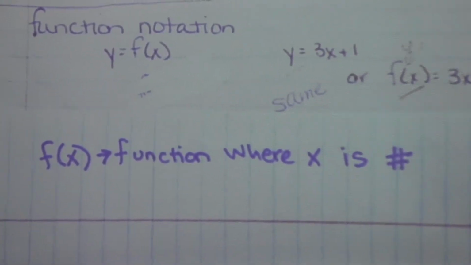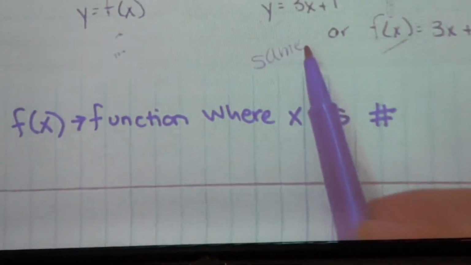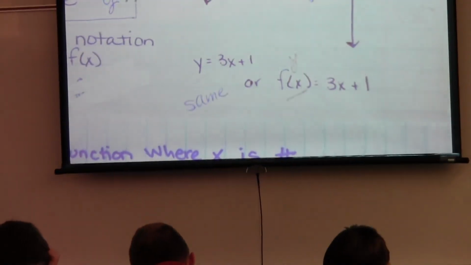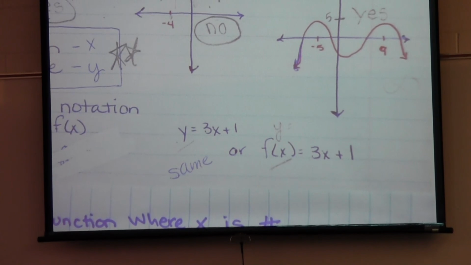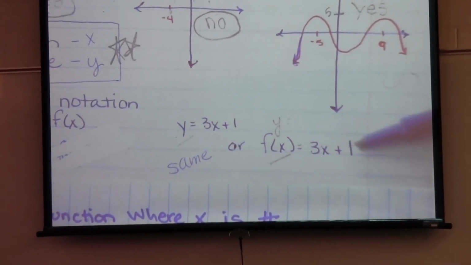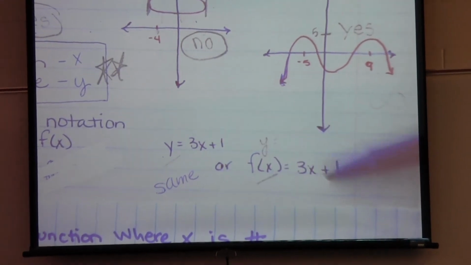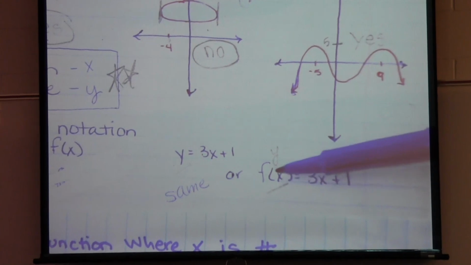So, if they say y equals 3x plus 1, you're solving something when you have an x, right? If they say f of x equals 3x plus 1, these mean the exact same thing. I could put f of x here, or I could put y here.